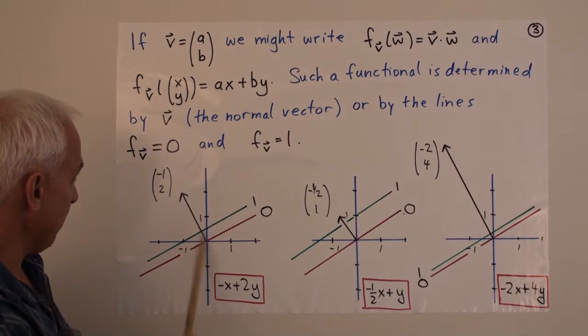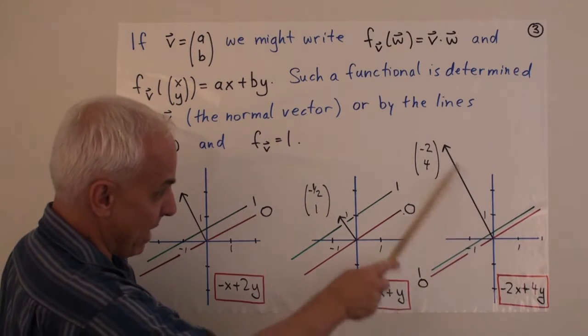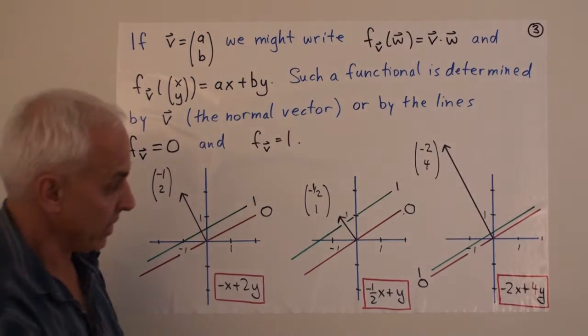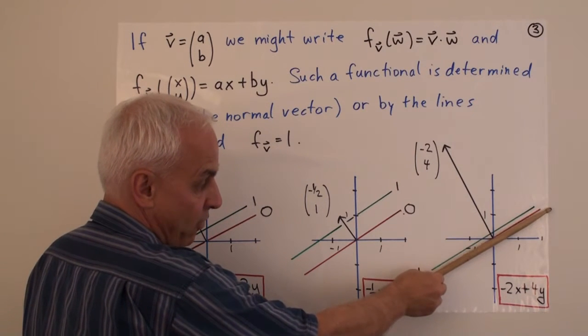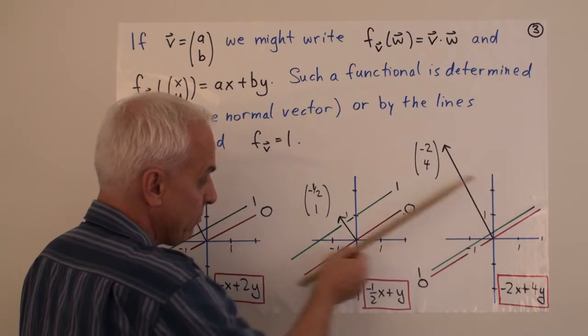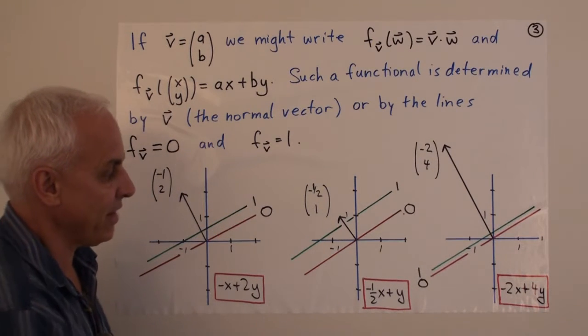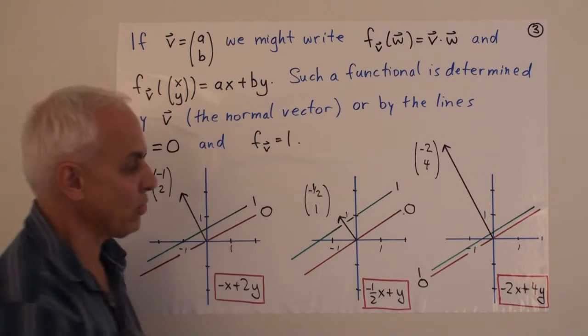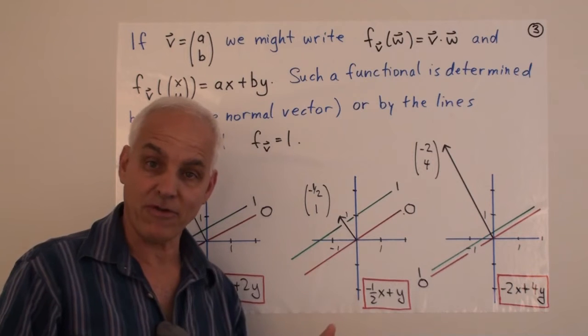In the other direction, if we stretch the vector v by a factor of 2 to get the vector (-2, 4), then we expect that the level 0 line is the same as it was before, but now the level 1 line has moved closer to the level 0 line, so they are more closely spaced. It's like contour lines on a topographical map.